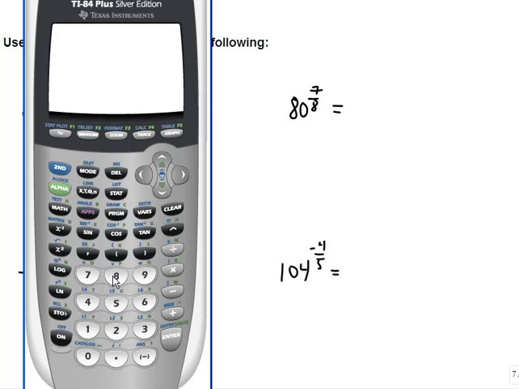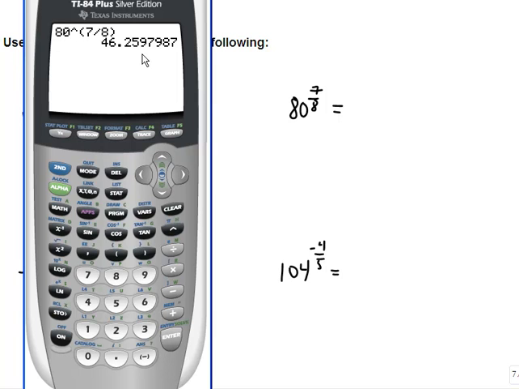So that's not what we want to do. What we want to do is press 80, raise it to the fraction 7/8, and here you must use parentheses. Your scientific calculator should have parentheses buttons, so look for those, and you're just going to do parentheses 7 divided by 8, close the parentheses, and now we're raising 80 to this fractional power, and it gives me 46.2597.